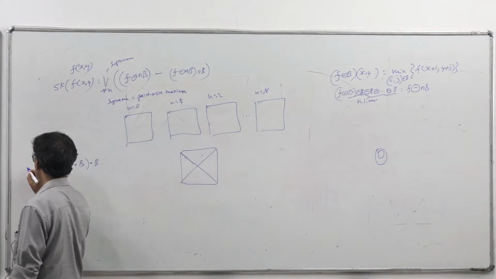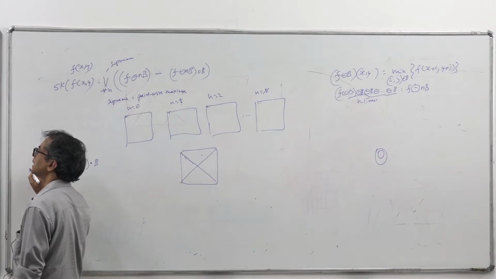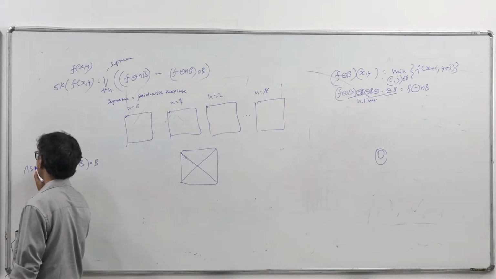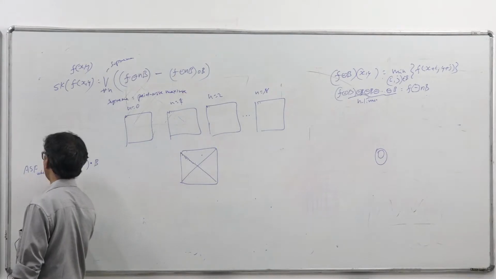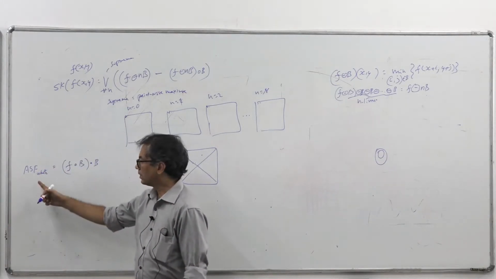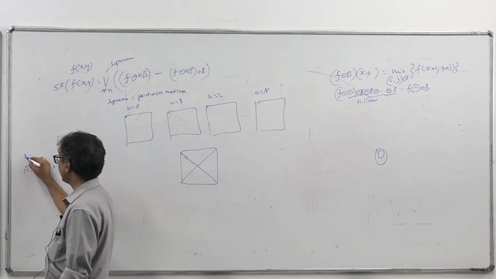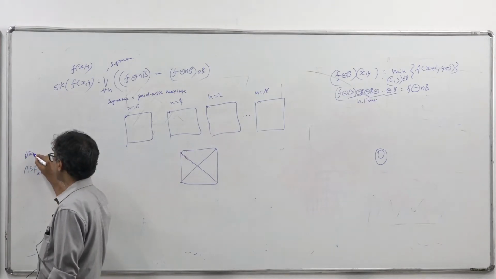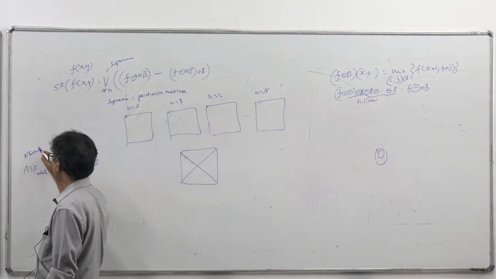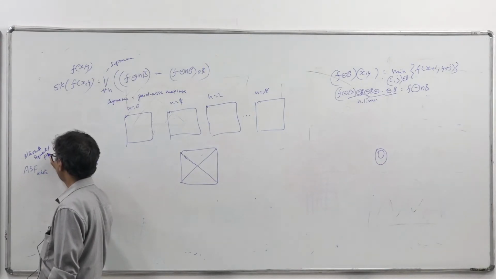They call it ASF white. This ASF is alternate sequential filter.